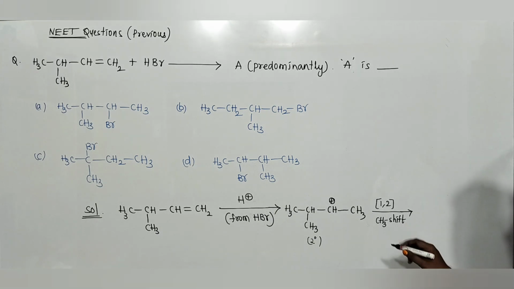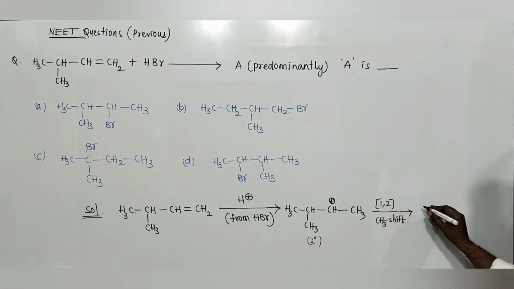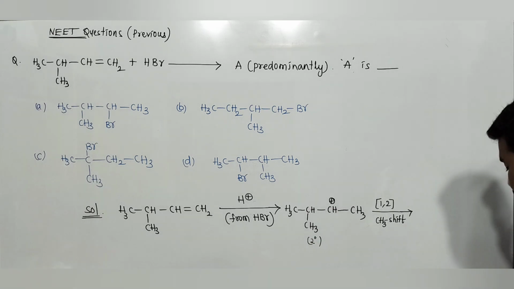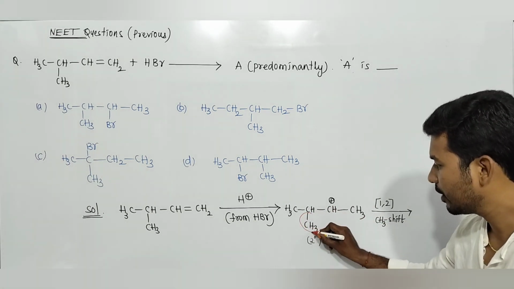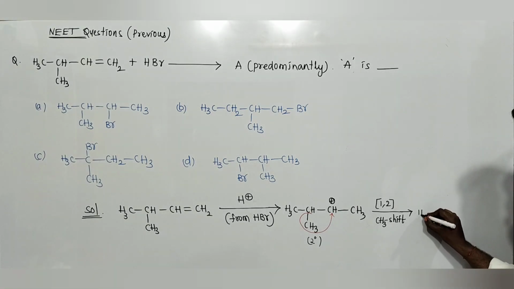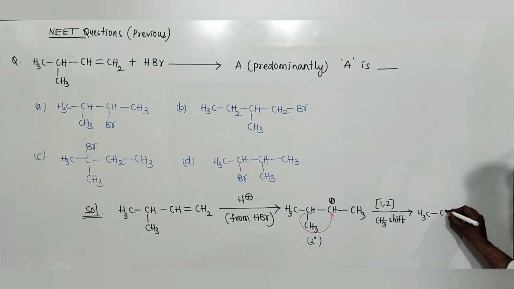This process is rearrangement of carbocation. Then the methyl group along with its bond pair comes here, shifted here, so that it becomes CH3 here, carbon positive, and CH3 here.